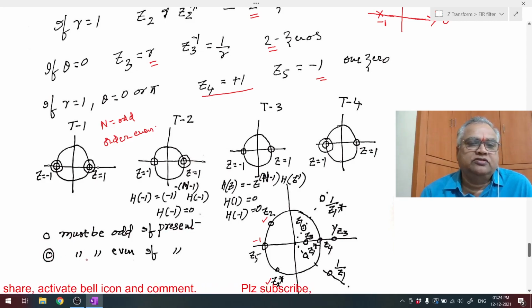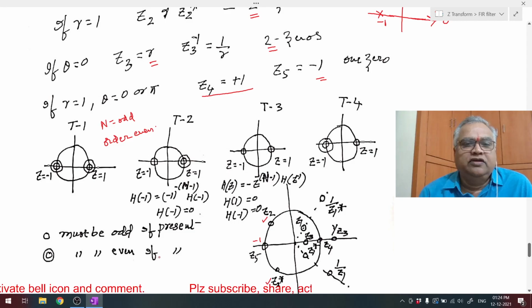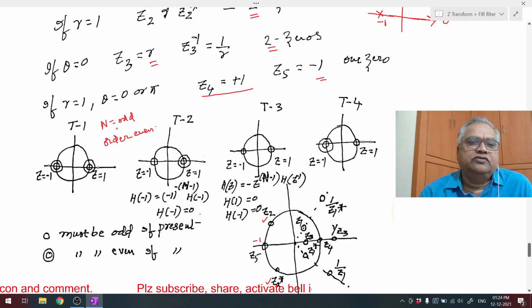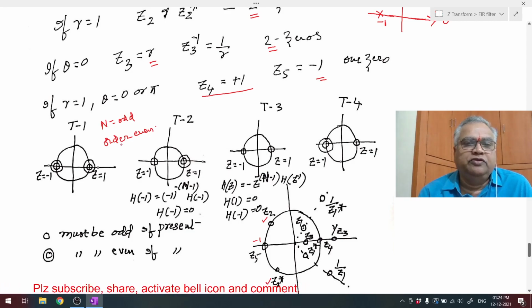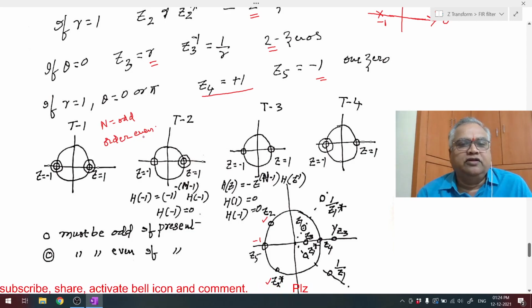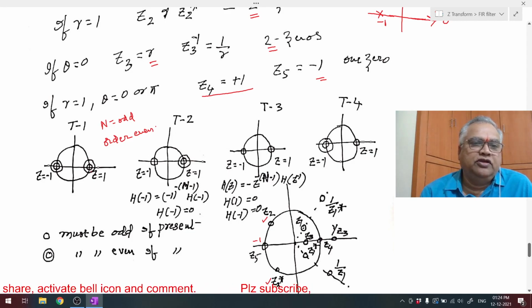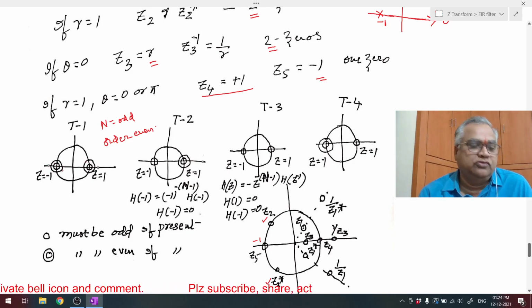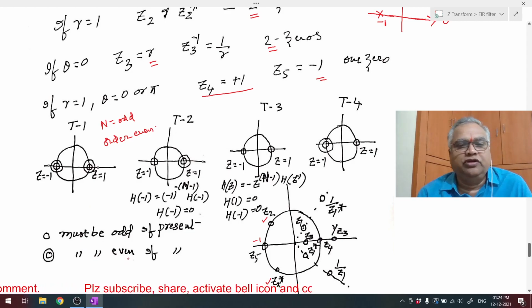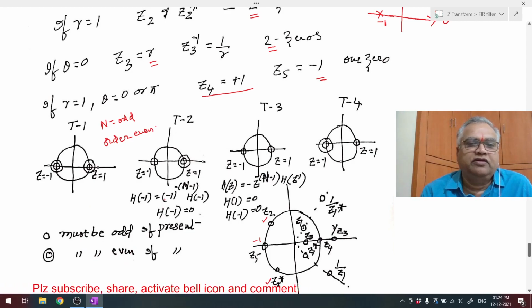Two circles means it must be even if they are present. So for n equal to odd, the order of the polynomial is even, the number of zeros is even. That's why here two circles, here also two circles. Two circles indicates even, then only overall it will be even.